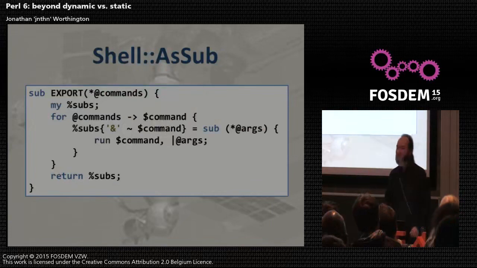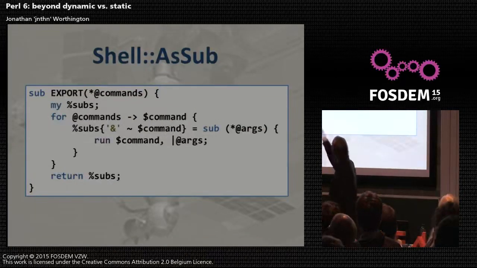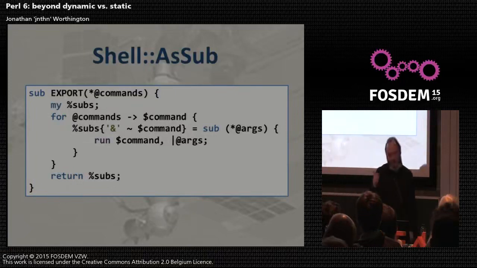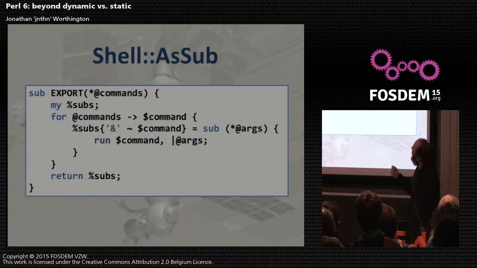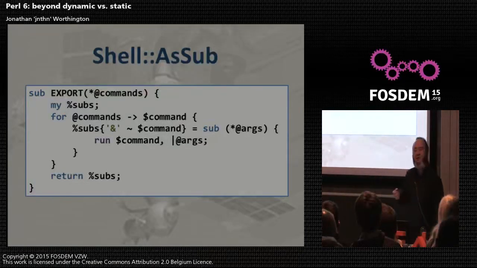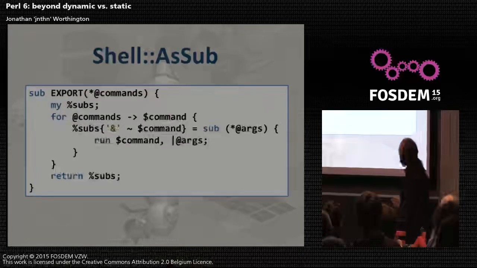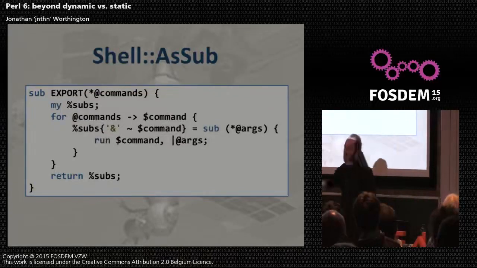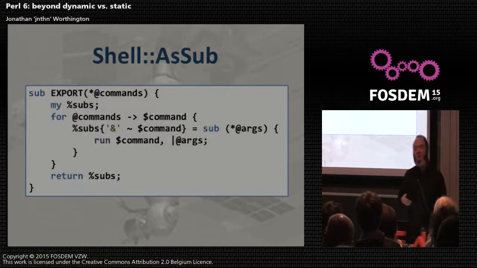Now, that's the module. It's not a lot of code. What we do is we write a sub export, and the importer actually calls this when we use the module, and it says, here are the things, you can see there in commands, that we would like to have, and we get to interpret that however we want. All we need to do is return a hash of the symbols that we want to have installed into the lexical scope of the thing that's doing the importing.